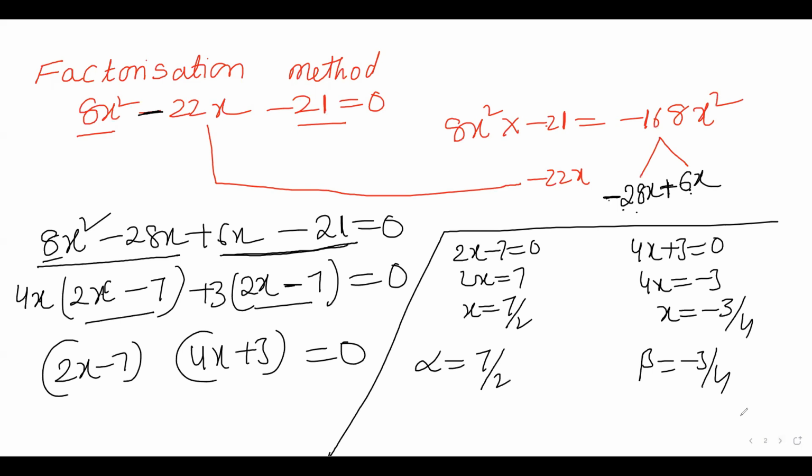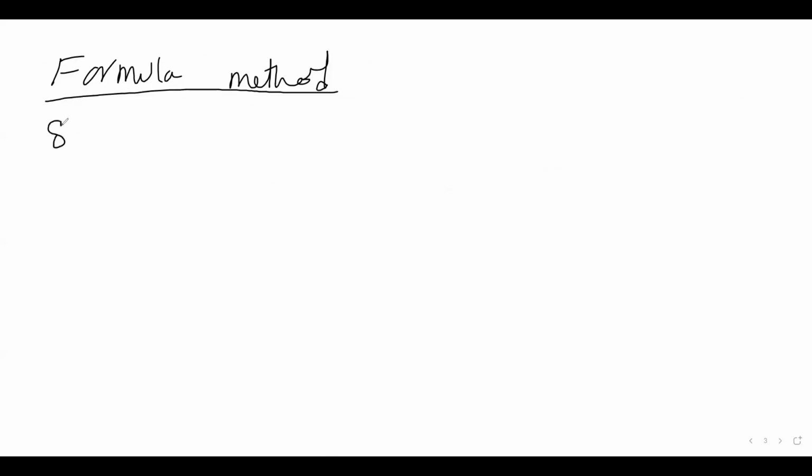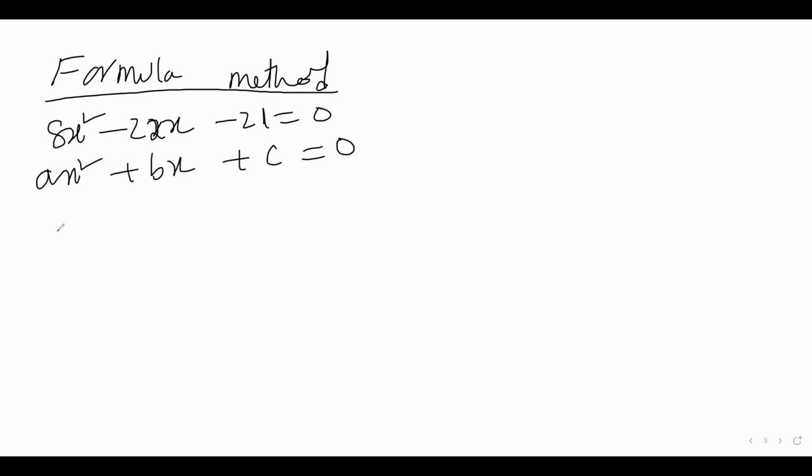What is the equation we got? Formula method. What is the equation? 8x square minus 22x minus 21 is equal to 0. What is standard form? Ax square plus bx plus c is equal to 0. What are ABC values?